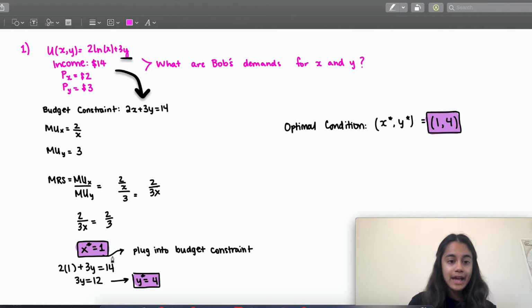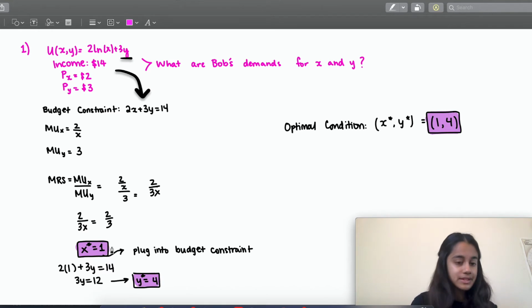This is our budget constraint, right? This is our price ratio, 2 over 3, because it's the coefficient, and our MRS is 2 over 3x. Do the cross multiplication, and you will see that our optimal x is just 1.